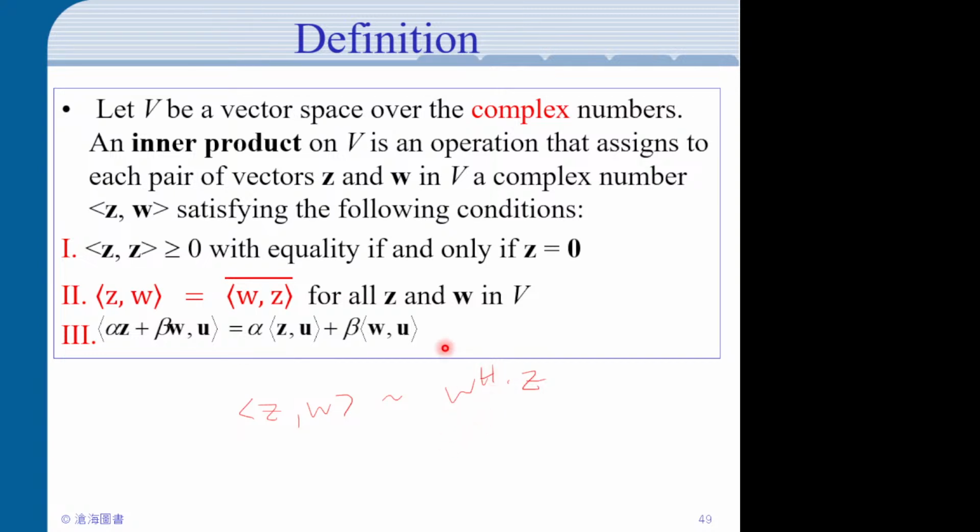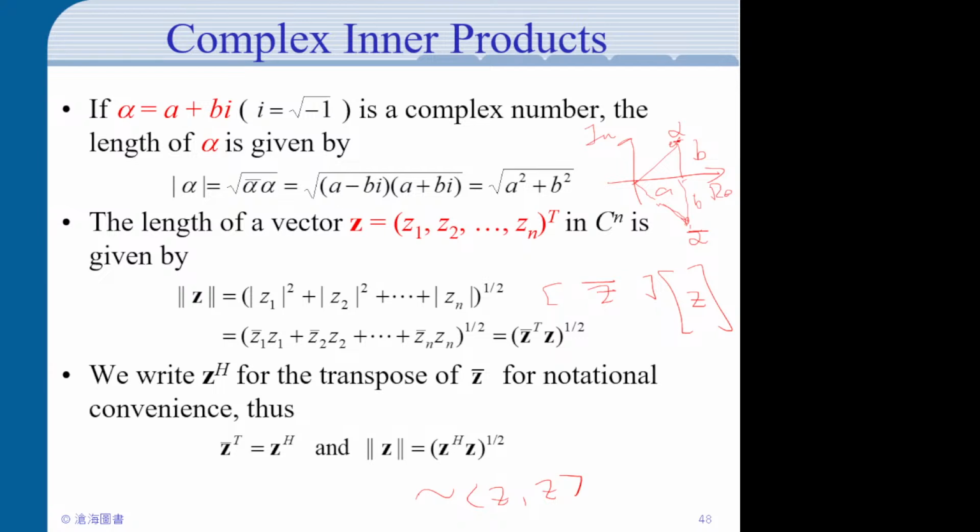If you switch between z and w, then you actually get a complex conjugate. Maybe it's easier to write this equation.